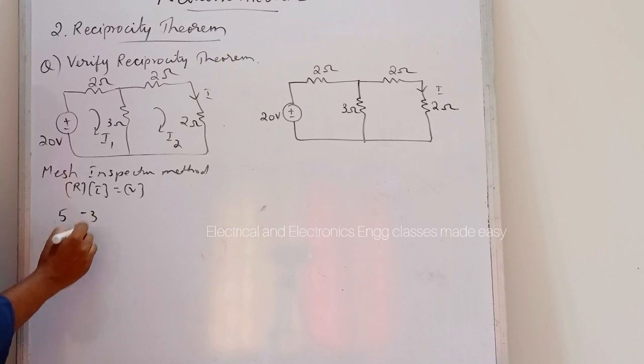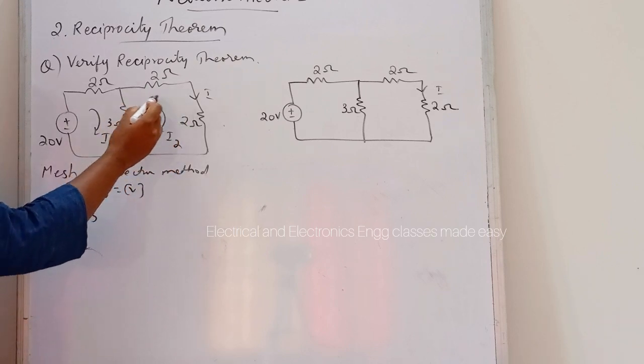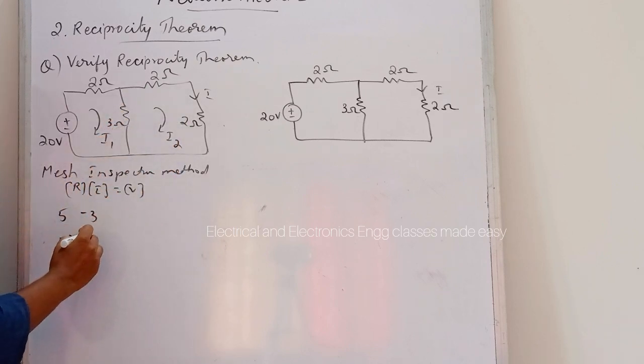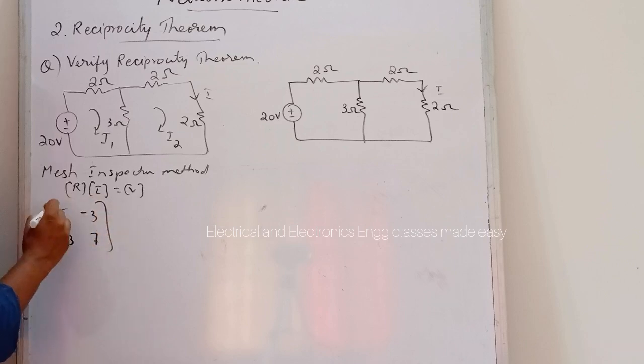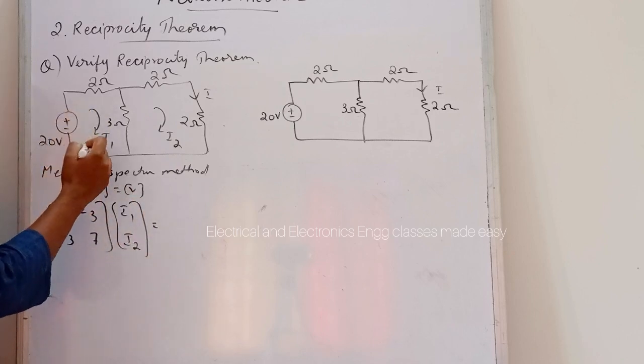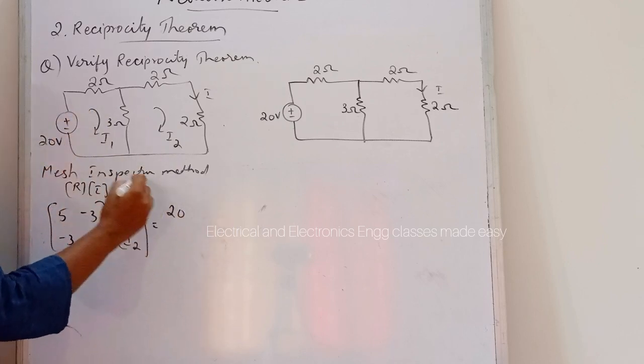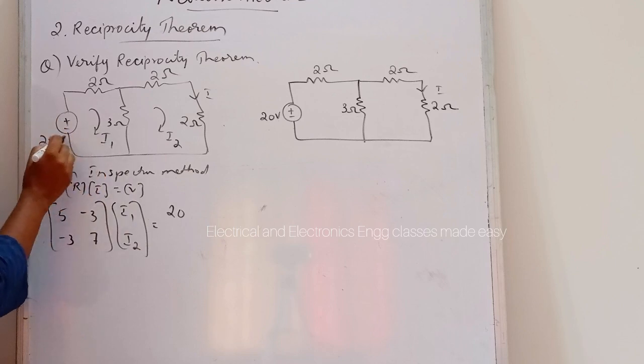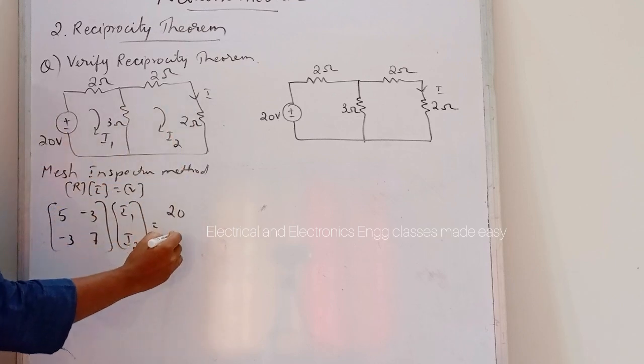So here also -3. Then here the self resistance is 7, into I1, I2, equal to, here the voltage is 20 because the current direction is the same, and here 0.